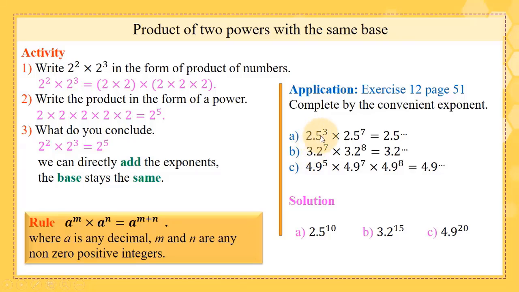Part A. 2.5 exponent 3 times 2.5 exponent 7 equals 2.5 exponent 3 plus 7, which is equal to 10. Similarly, in part B, we have powers having the same base 3.2. We just add the exponents 7 plus 8 to get 15. And in part C, we have powers having the same base 4.9. We just add the exponents 7 plus 5 plus 7 plus 8 to get 20.